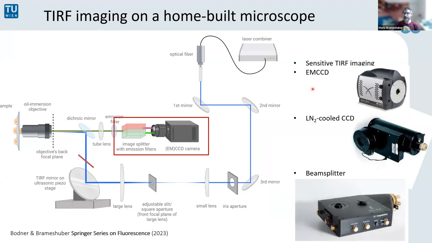In our hands, either EM-CCD cameras work really well, or for special cases, we still use old liquid nitrogen cooled CCD cameras, which were introduced 20 or 30 years ago for astronomy, but they're also perfectly suited for very low light single molecule microscopy, where you basically don't introduce a lot of noise in the readout process. I really like these cameras a lot, although they're not comfortable to handle.